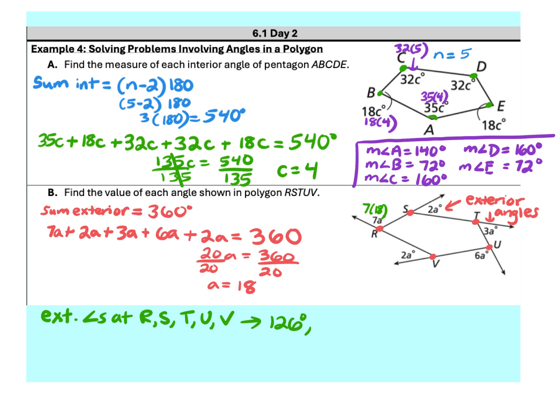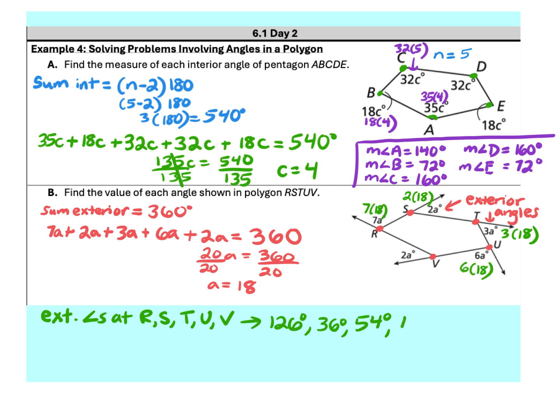Angle S is 2A. That's just 2 times 18 there. So the exterior at angle S is going to be 36 degrees. And then the exterior at T is 3A. So take 3 times 18. And when you do that, 3 times 18 is 54. So that exterior is 54. I'll move on to U next. 6A, so 6 times 18.